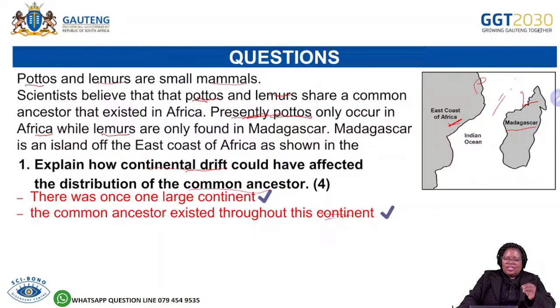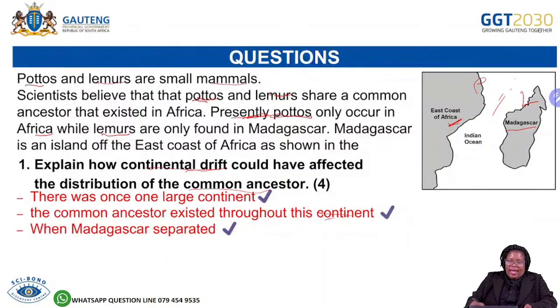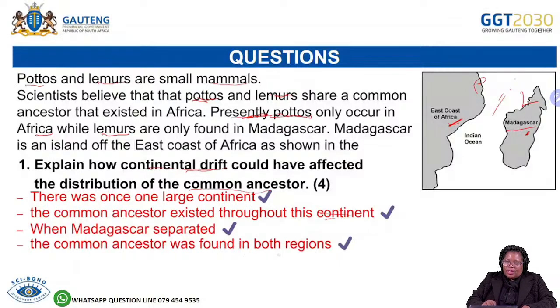So the common ancestor of the lemurs and the portals existed in this one large continent. That was previously, or in ancient days, right? This was proved by what? By the scientists. So there was one large continent, the common ancestor existed throughout the continent, and when Madagascar separated, the common ancestor was found in both regions.